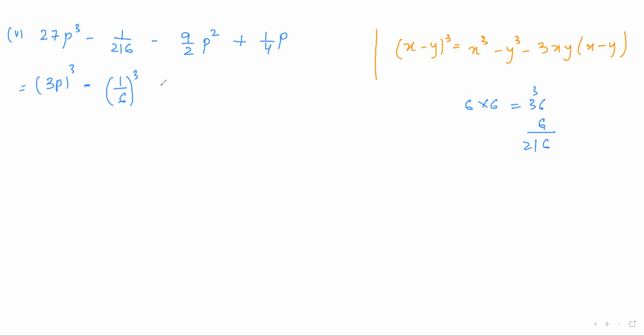Minus. Okay, let me write the two terms as they are first of all. P square plus 1 by 4p. So far correct? Now let's take something common. So this will remain as it is: 3p whole cube minus 1 by 6 whole cube. Is this clear? Minus.